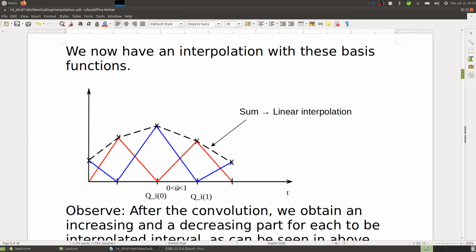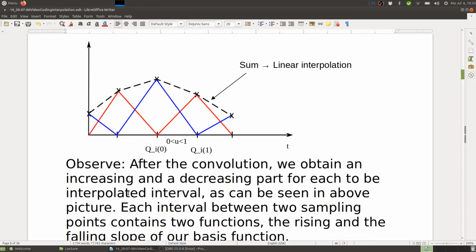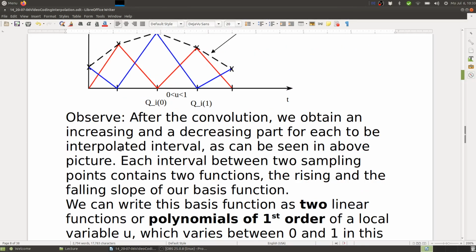And we have this helper variable always going between 0 and 1 within each interval. So after the convolution, we obtain an increasing and a decreasing part for each to-be-interpolated interval, as can be seen in the above picture. So each pixel again is replaced by this impulse response, which here happens to be this triangular.